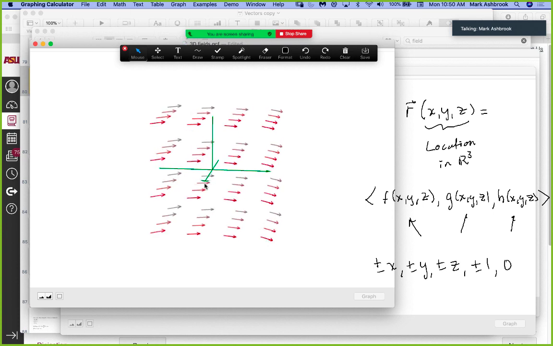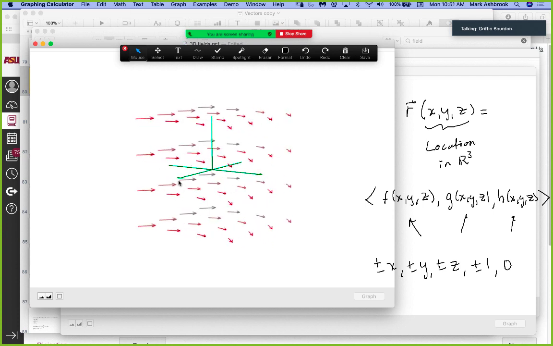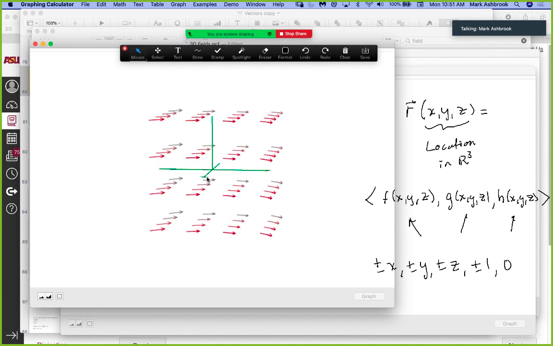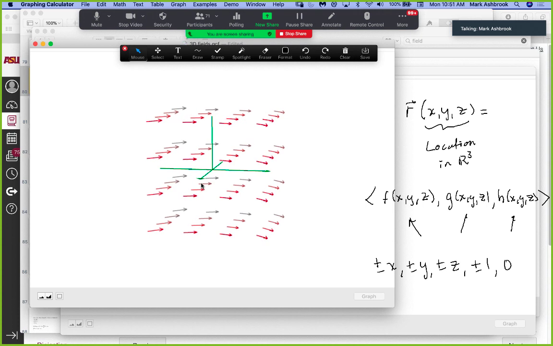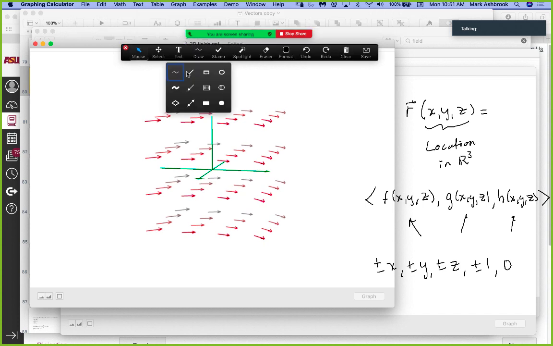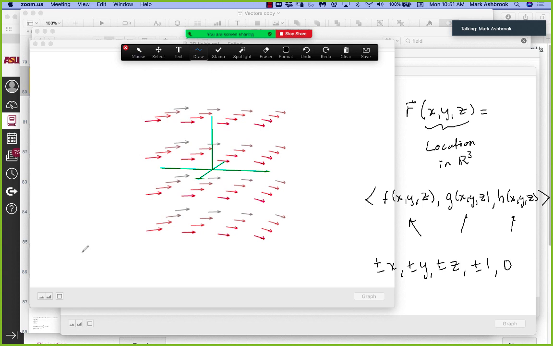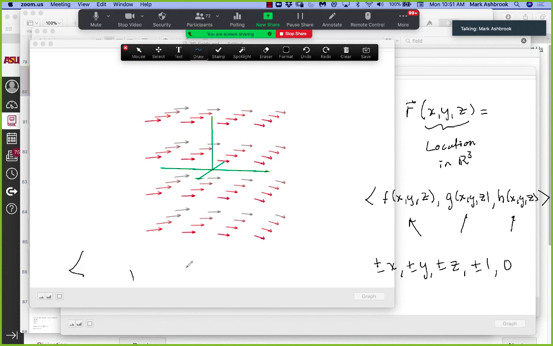Anything else that we can know right off the bat? Z is 0. Yeah, do you see the z component of every vector is 0? So that's a good start for this one. Let's write that down. So we're going to have something, something, and 0.